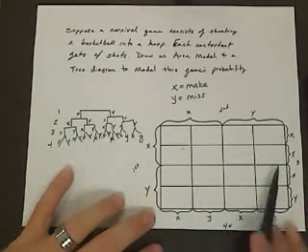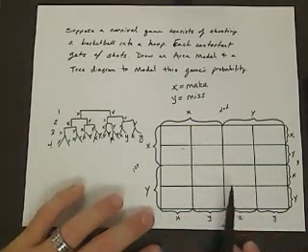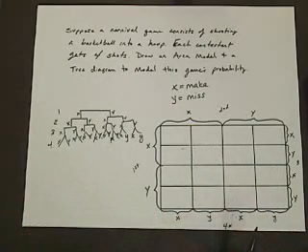Well, here there's 16 boxes, so that means that we've done our area model correctly.